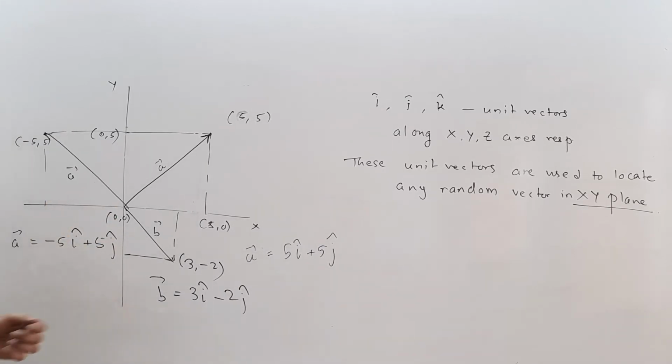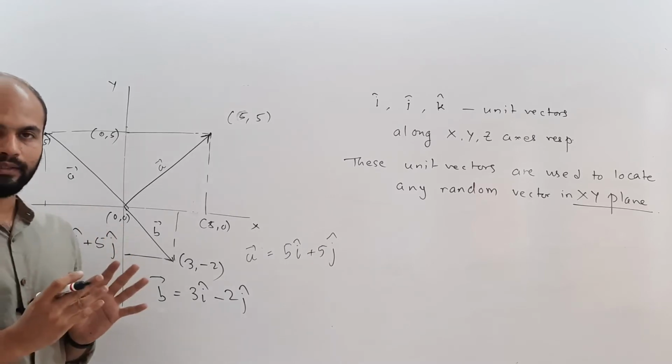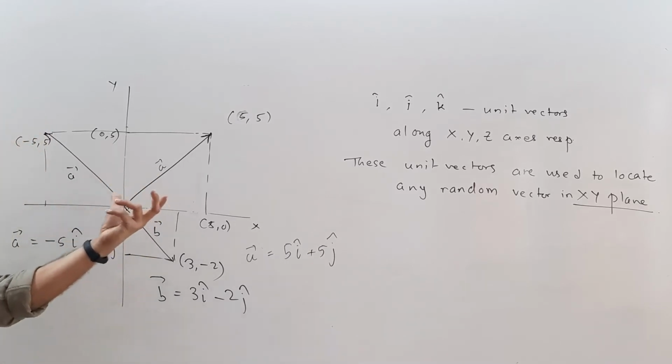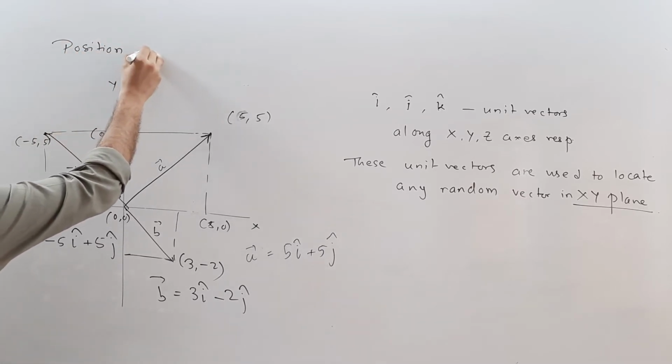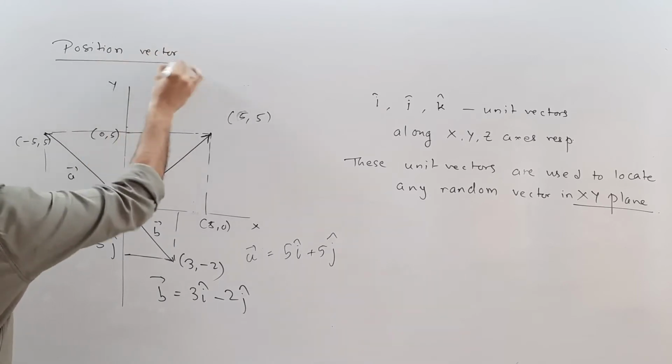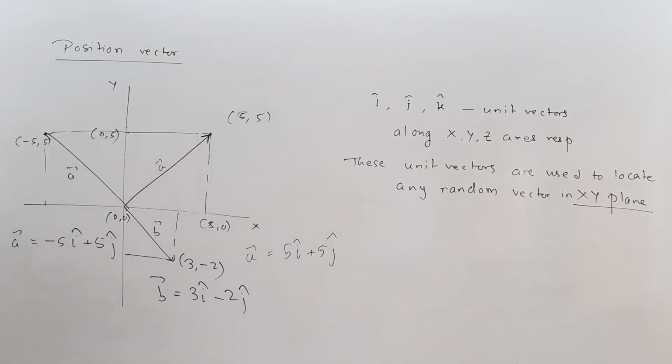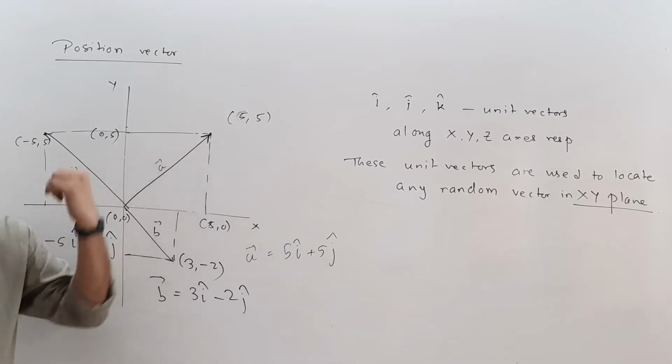So this is how we can define any particular point, and this particular vector is called a position vector, wherein the vector is defined from the origin to any point.